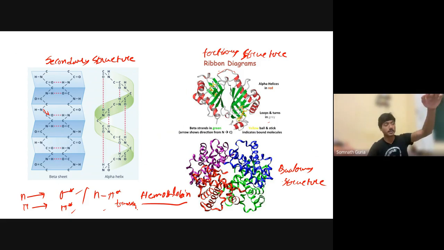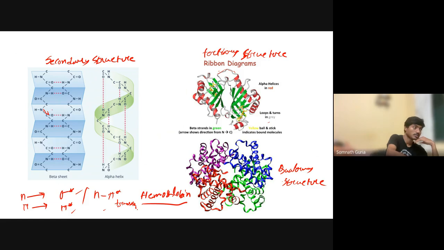All the n to pi star transitions, or all the hydrogen bonding from one peptide chain to another peptide chain, are nearly similar. This is the anti-parallel chain, with similar hydrogen bonding distance, so it has a similar n to pi star transition.